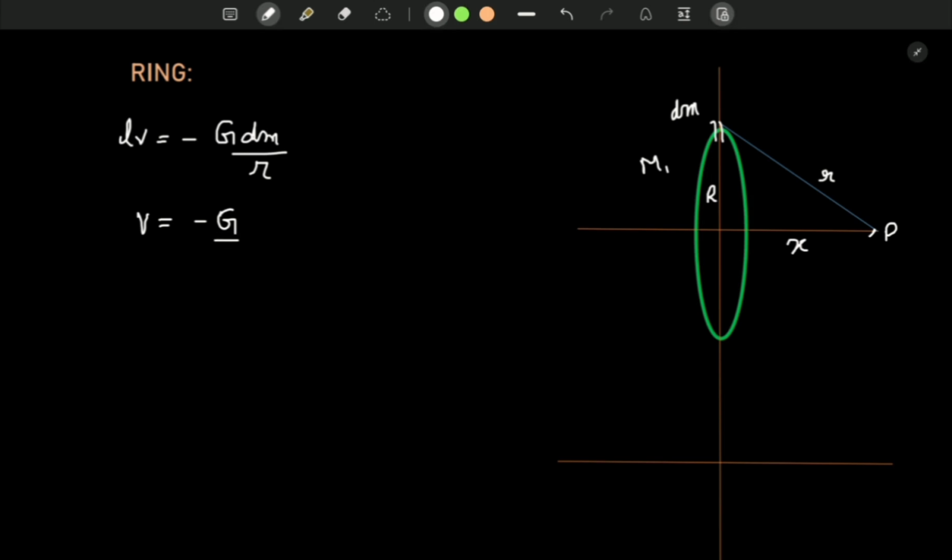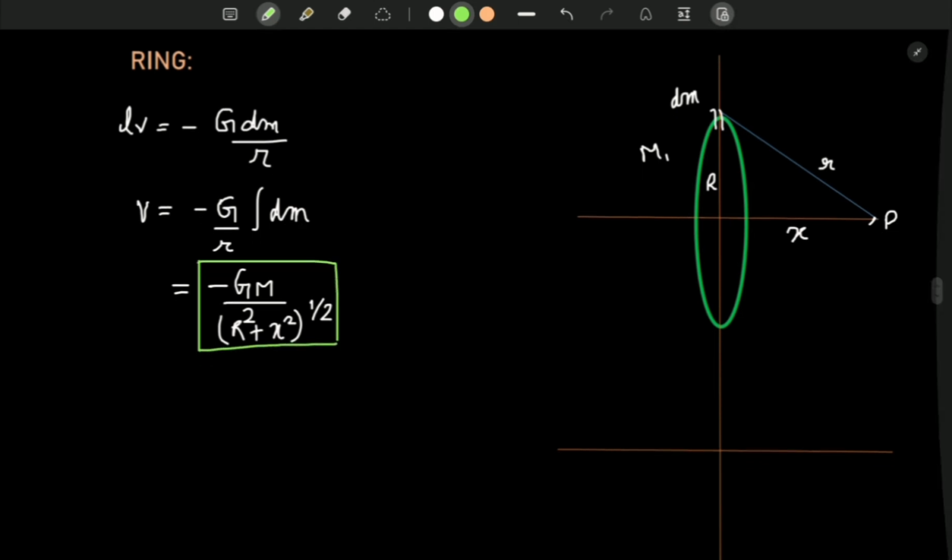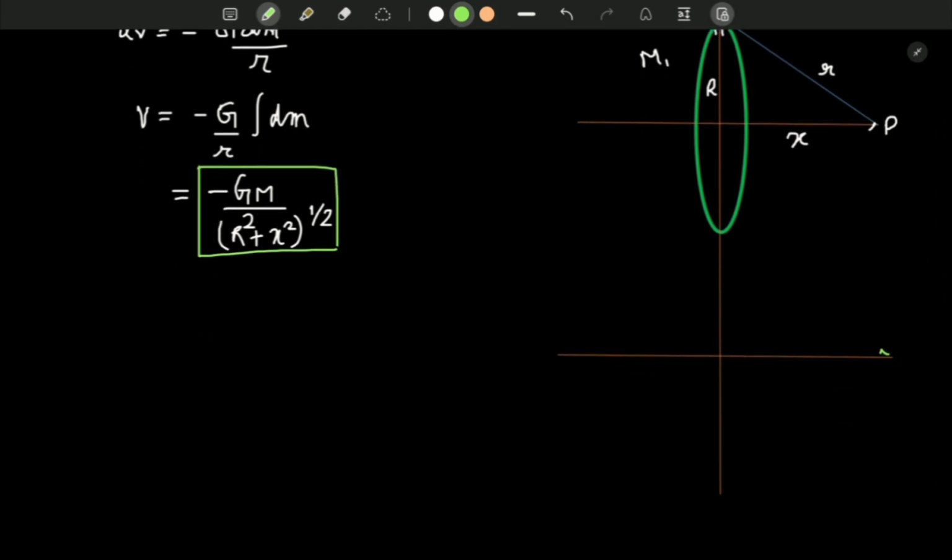So V turns out to be minus GM divided by, and small r was, square root of r square plus x square from Pythagoras theorem. So (r square plus x square) to the power 1 by 2. This is the potential for a point P for a ring. If we try to draw the graph, it will be in this way. This is the x-axis, this is the potential V-axis, and this minima will be minus GM by r.